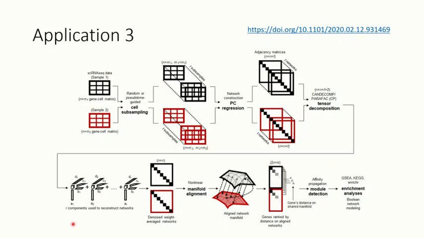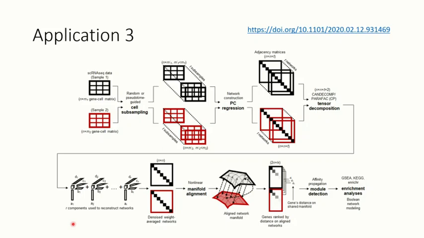We create networks first, and we subsample the cells, randomly sampling, say, 1,000 cells out of many of these, and construct replicates of random subsampled data.